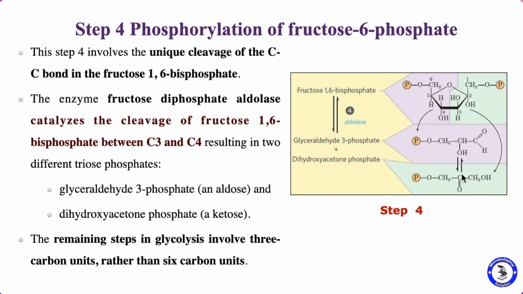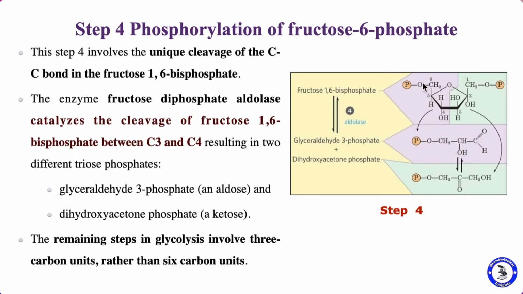So you can add one keto group, C double bond O. Again the remaining is 3 H. So CH2, 1 O is remaining, so OH. So the structure will be like this. This is dihydroxyacetone phosphate.